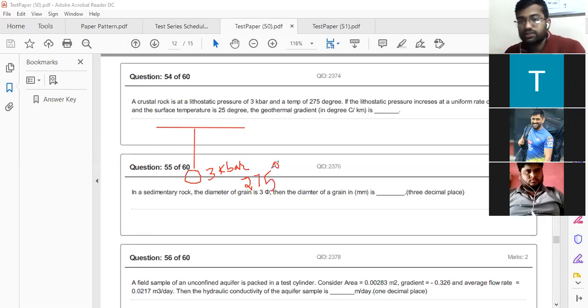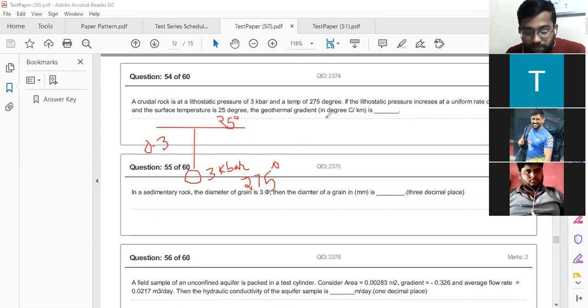If the lithostatic pressure increases at a uniform rate of 0.3 kilobar per kilometer, the rate is given, and your surface temperature is 25 degrees, the geothermal gradient in degrees Celsius per kilometer is?